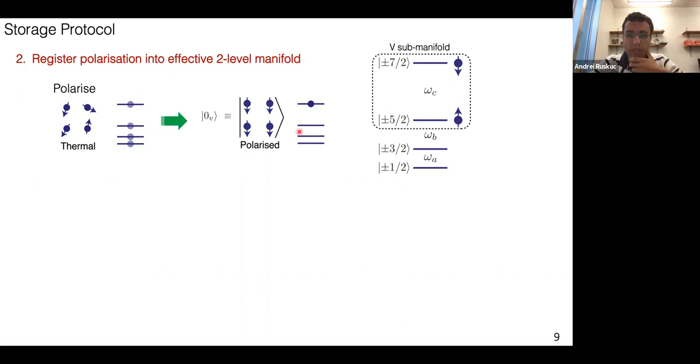When we do this, we can shelve the vanadium population into this uppermost 7/2 level to realize this kind of polarized state, which we're going to call 0V. In fact, from now on, we're going to be adopting this spin down, spin up representation and operating within this kind of restricted two-level manifold of the vanadium spins.